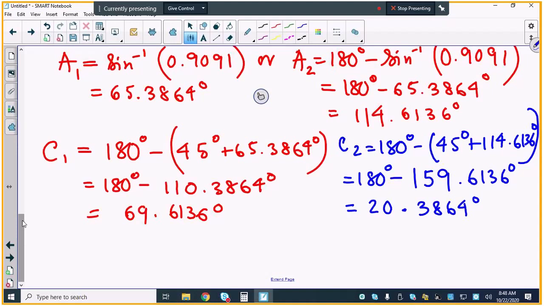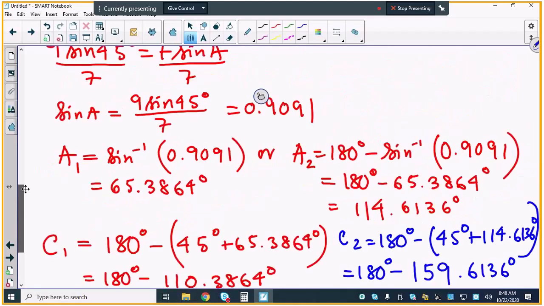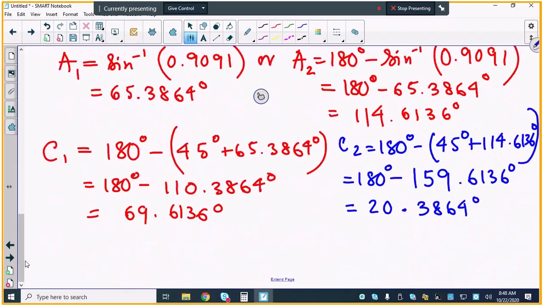So I will say when the missing angle theta is required in this problem, I have a two-fold solution.